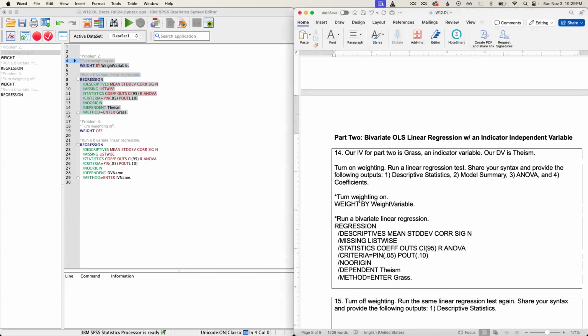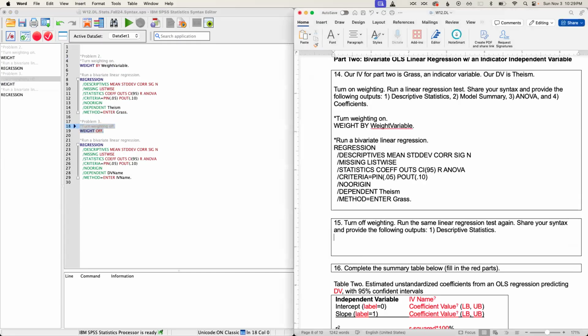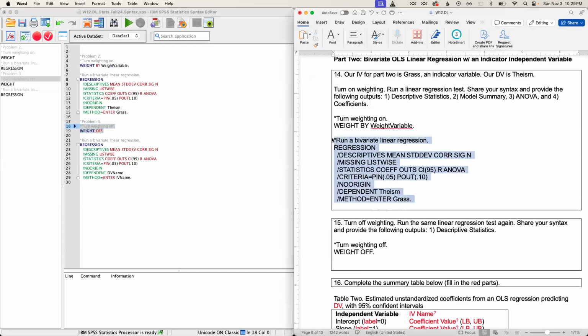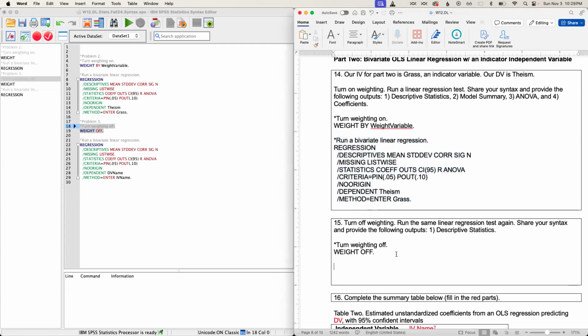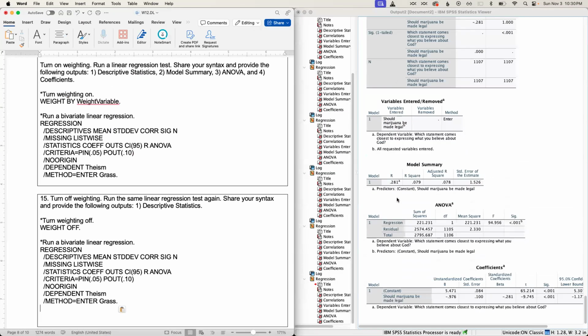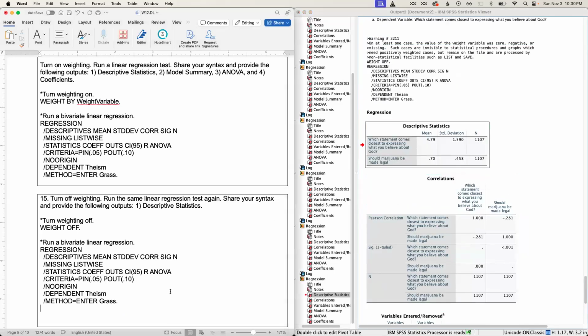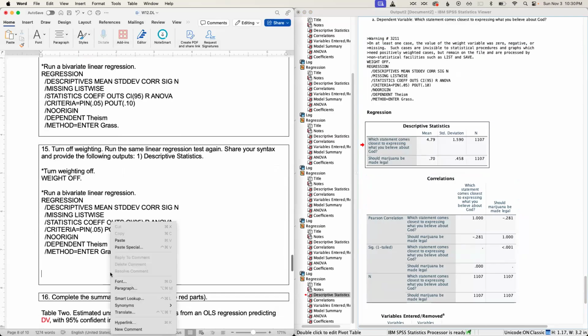so we have my syntax for this one, and then I turned weighting off. I use the same regression. And then let's put in the outputs I need. So for the second one, I just need descriptives, right, to grab that sample size.